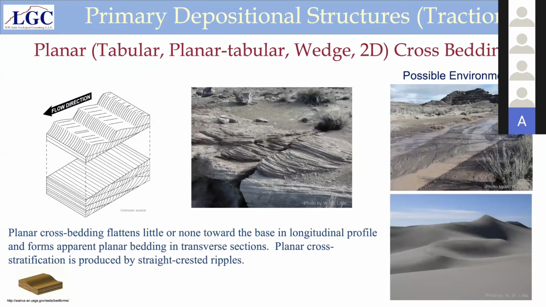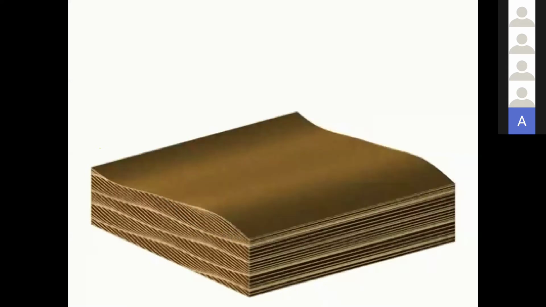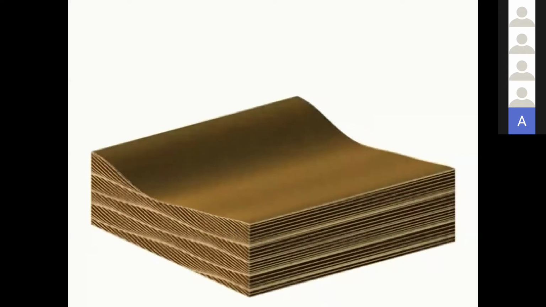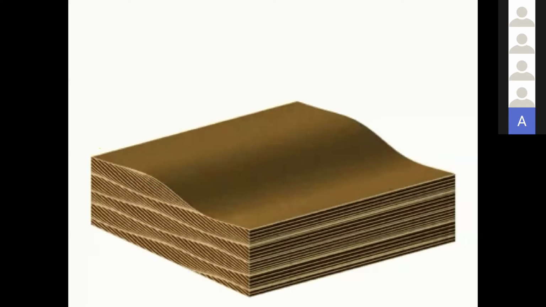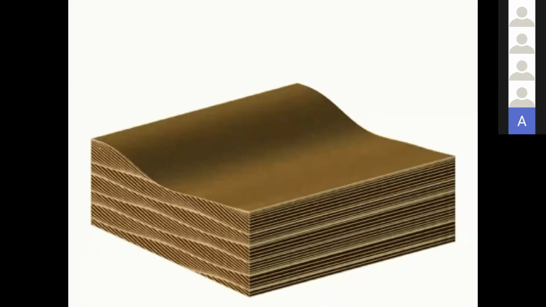Another little video down here for this one. Now notice geometrically, this one does not have, in the direction of transport, the little trough or smiley shaped features associated with it. So if you were to look at it in a transverse section, it would almost appear as parallel laminations. And so it's important that you understand the importance of aspect.